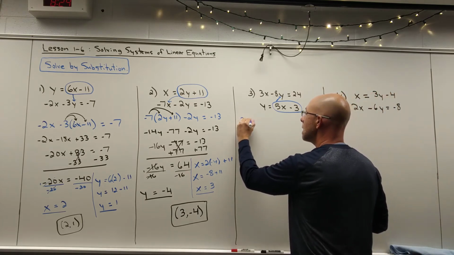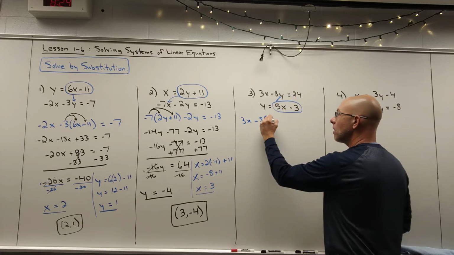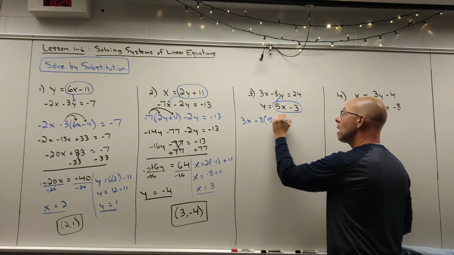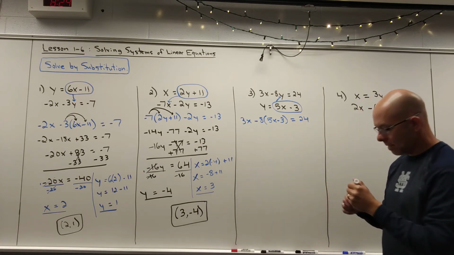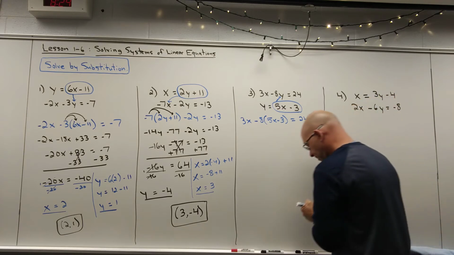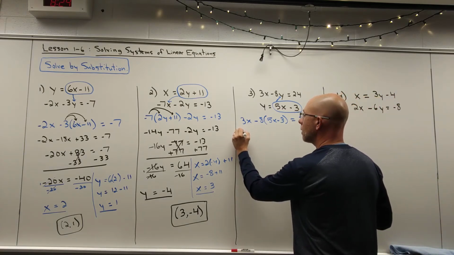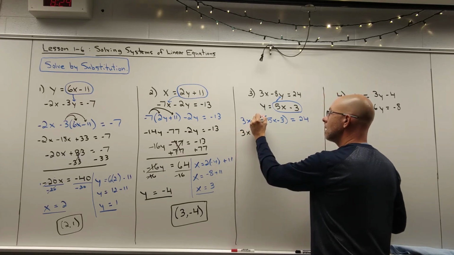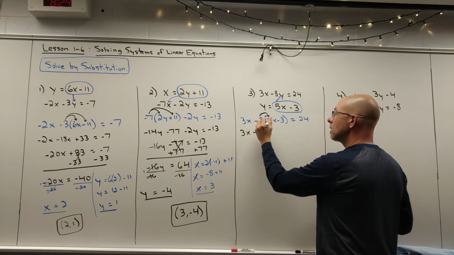That's going to be 3x minus 8. In place of that y, we put 5x minus 3 equals 24. Okay, that's what I was looking for. Distribute next. We got 3x. That distributes to be minus 40x.